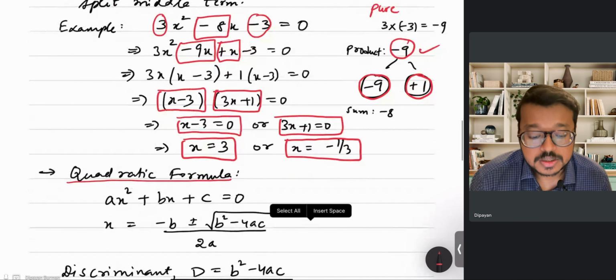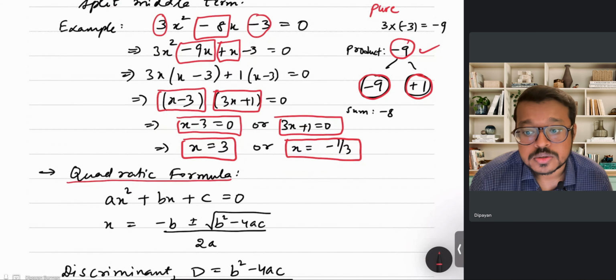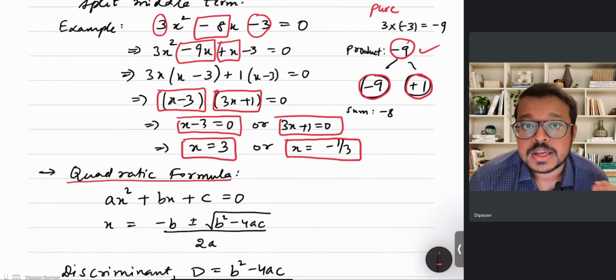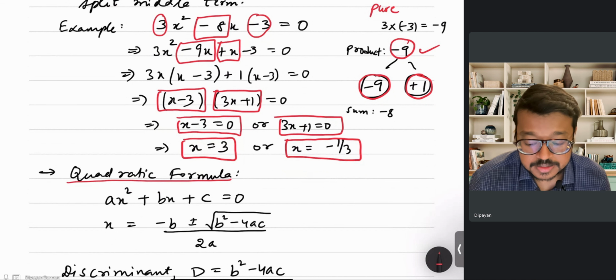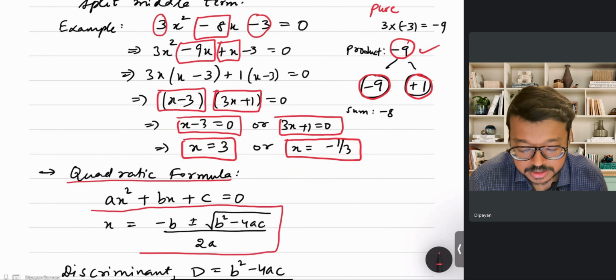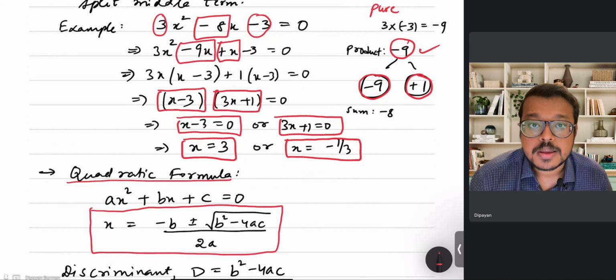Now the same quadratic equation could have also been solved using the quadratic formula, where the formula states that when you write a quadratic equation in the standard form, you have to note down the a, b and c values, and then the solution will be x equals to minus b plus or minus square root of b square minus 4ac, whole divided by 2a.